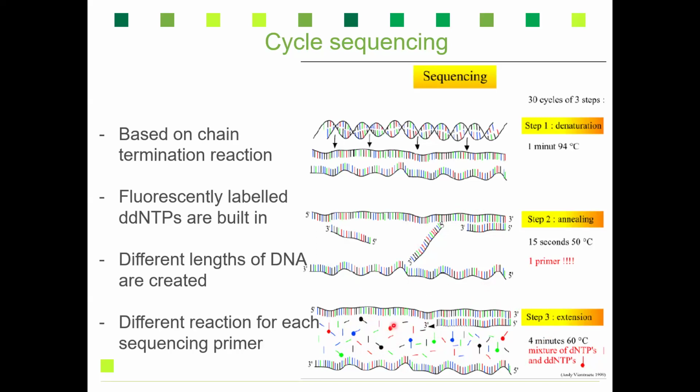The fluorescently labeled blocks are there in a minority. In most cases, a normal building block is built in, and by chance, at different positions, a terminator will be built in, and that's how we generate different size fragments.